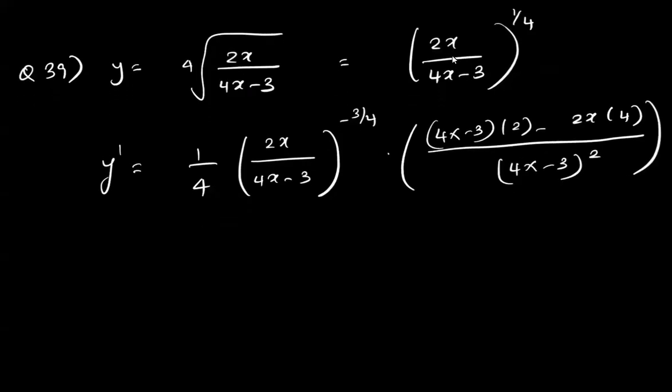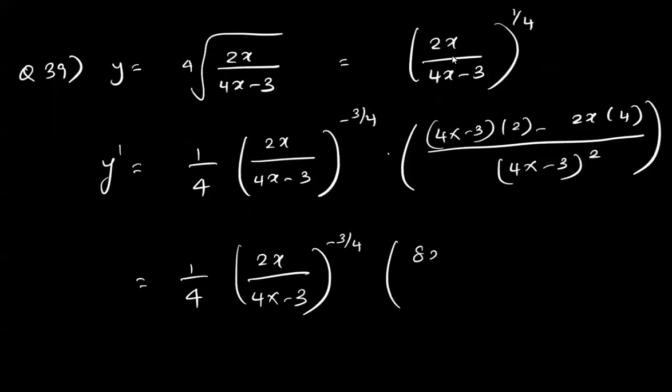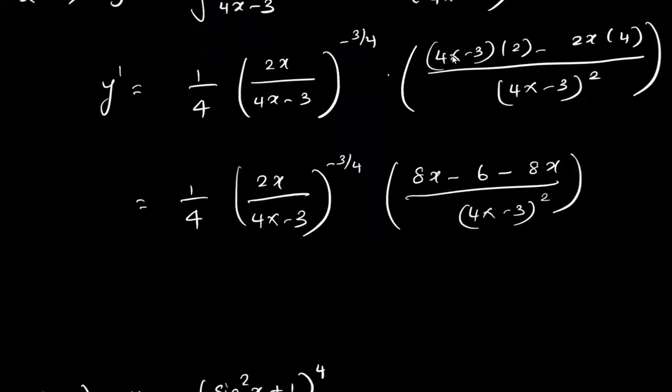Okay, so then let us see if we can simplify this a little bit. So this and this are going to get cancelled. So I have negative 6 over 4, which is negative 3 halves.